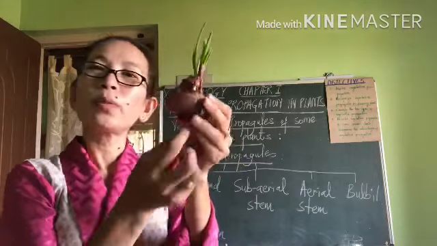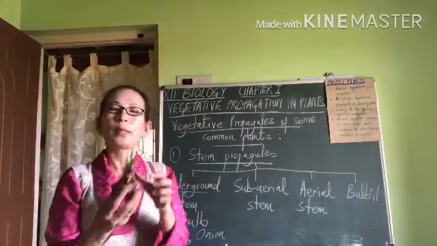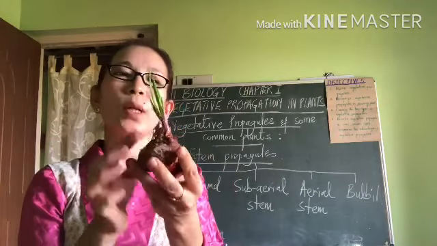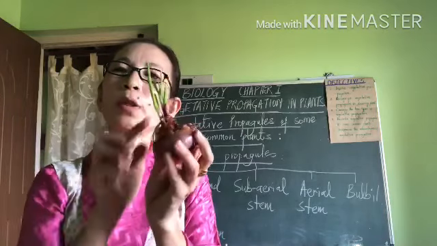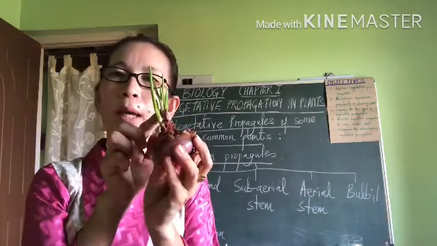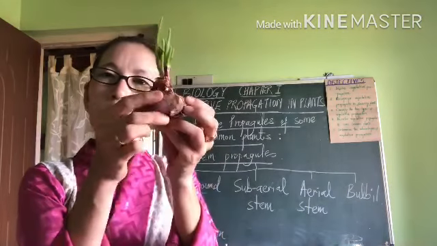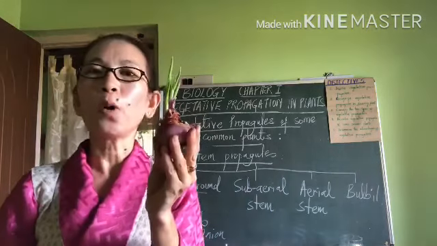And at the center of this onion stem, which is the bulb, there's a bud. There's a central bud, and from that central bud, eventually we can also see leafy shoots growing. Okay, so if I now plant this onion, that is this modified bulb, in the soil, I should be able to get a new onion.